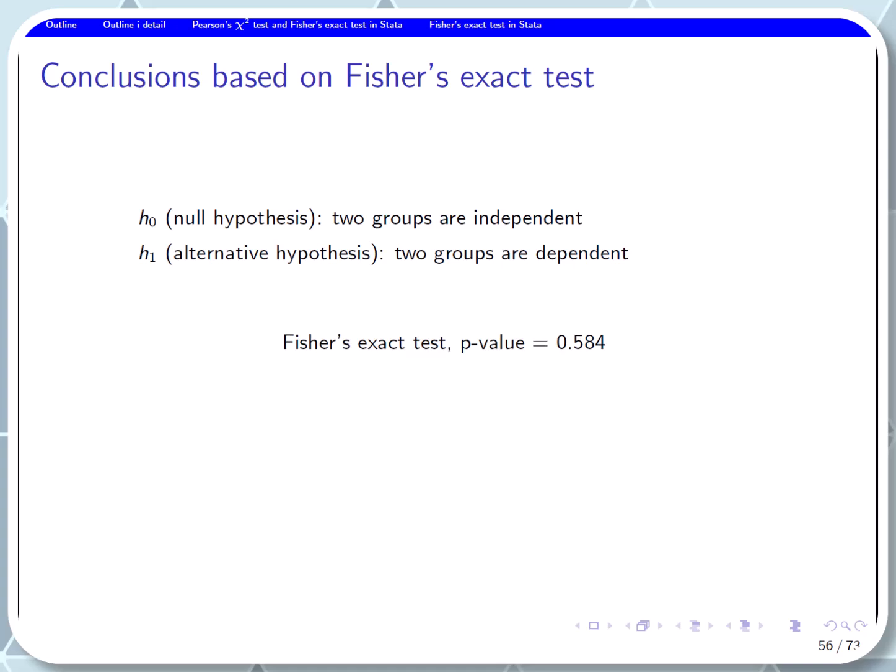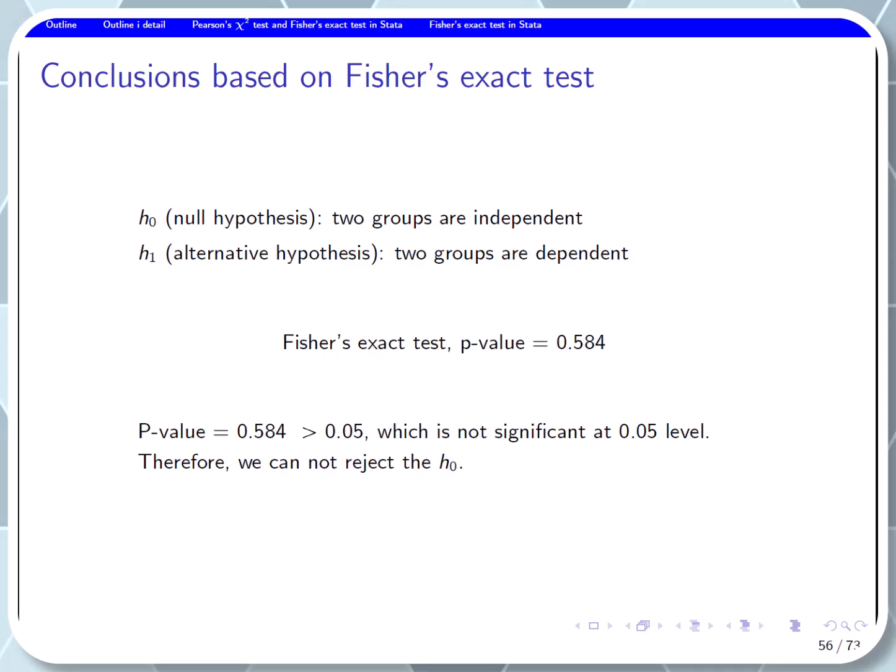Fisher's exact test p-value is equal to 0.584. Because the p-value is larger than 0.05, which is not significant at the 0.05 level, we cannot reject the null hypothesis. This is the end of the video for Pearson's chi-square test and Fisher's exact test in Stata.